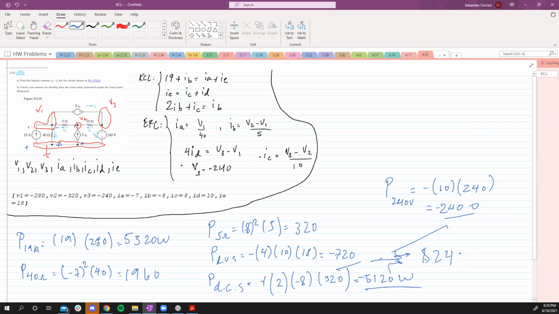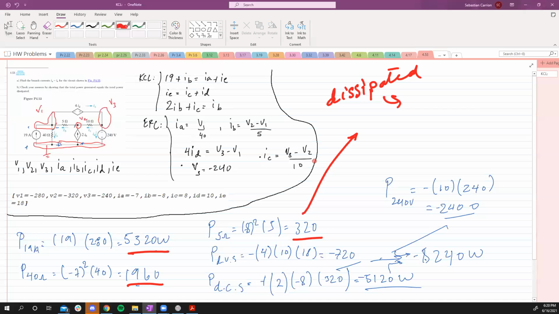It's 8,240 watts negative. And then the addition of these, well, I'm going to make these in red, is what's dissipated: 5,320 plus 1960 plus 320.